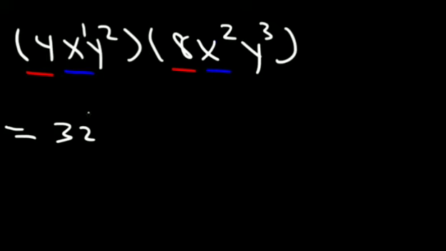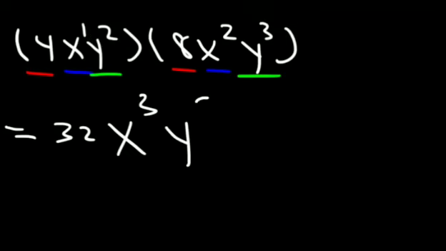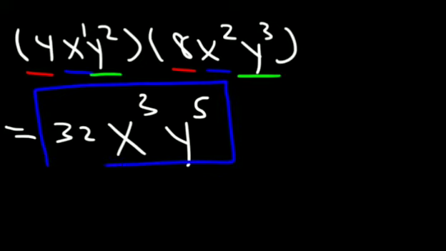If you don't see an exponent, it's a 1. So all you need to do is add the exponents. 1 plus 2 is 3, so we're going to have x cubed. And then we need to multiply y squared by y cubed. So we need to add 2 and 3. 2 plus 3 is 5. And so this is our answer. 32 x cubed y to the 5th power.